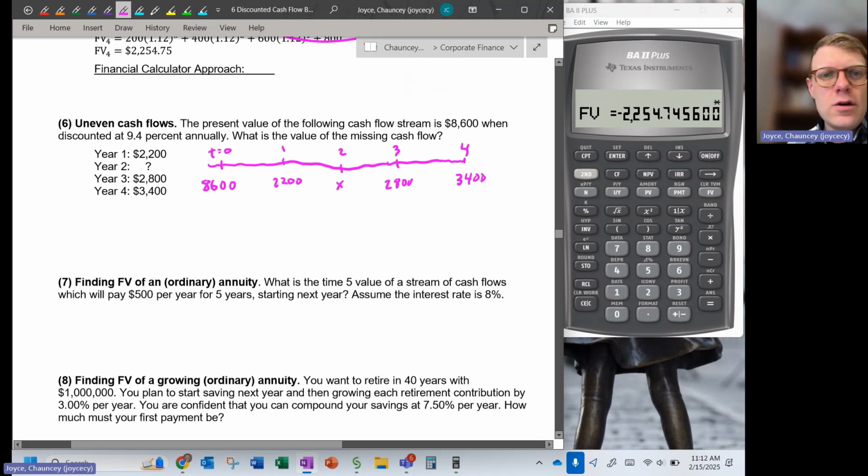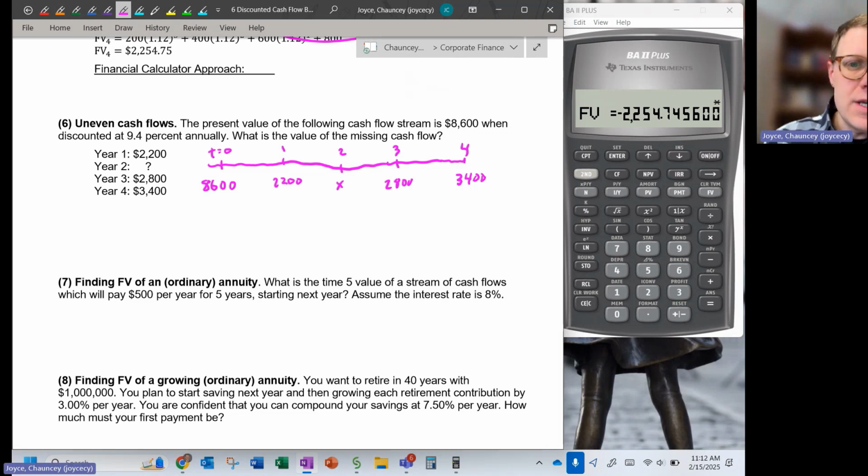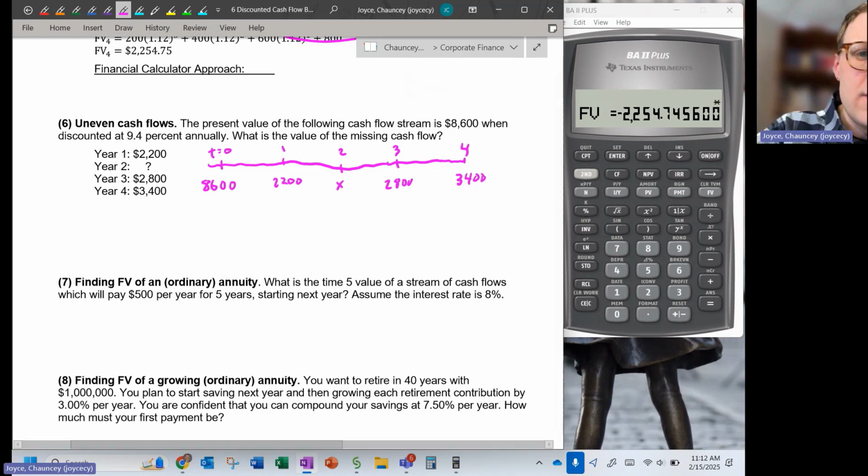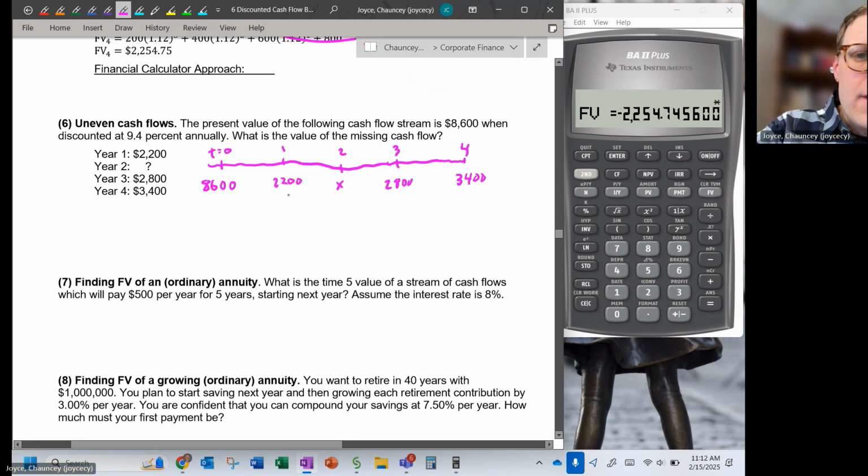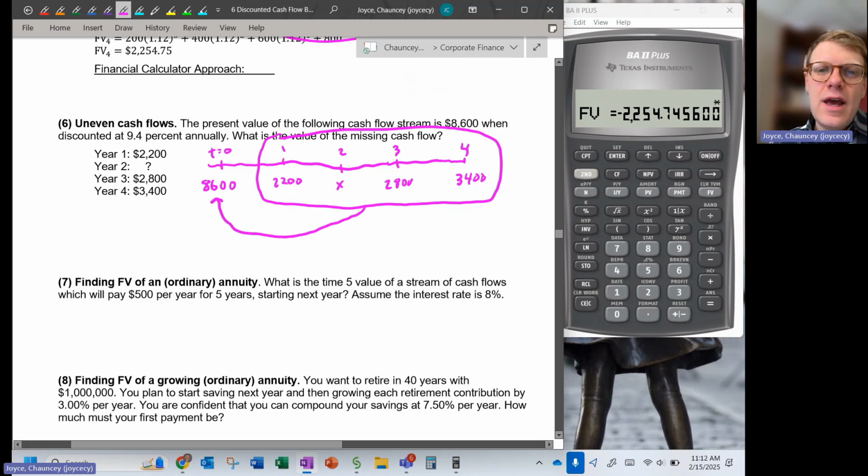$3,400. So the first step here to find the value of the missing cash flow, what I'm going to do is actually figure out the contribution of the 3 cash flows I'm given and then deduct that from the total present value. So another way to think of this is if I were to discount all 4 of these cash flows, if I knew all their values and I discounted them, they're all worth $8,600 today.